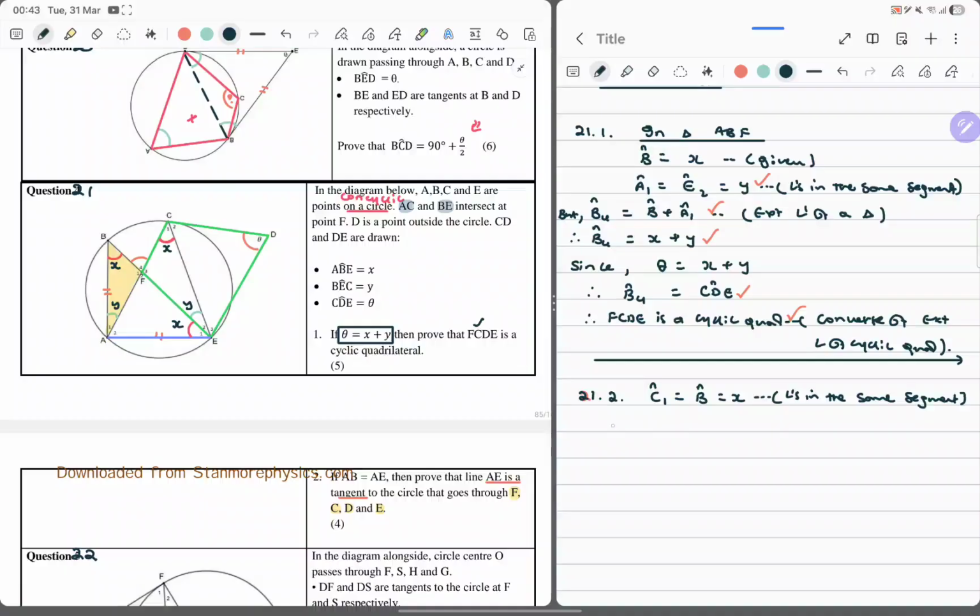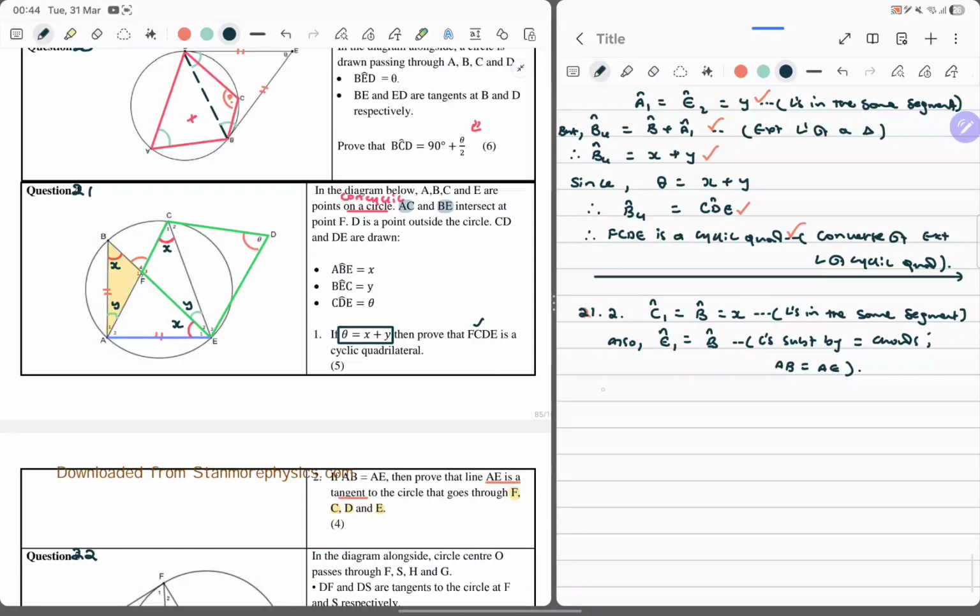We can say here also, we know that E1 is going to be equal to angle B. You can say these are angles subtended by equal chords, with AB equal to AE. Sometimes you can say angles opposite equal sides. I'm just trying to show you some variations.